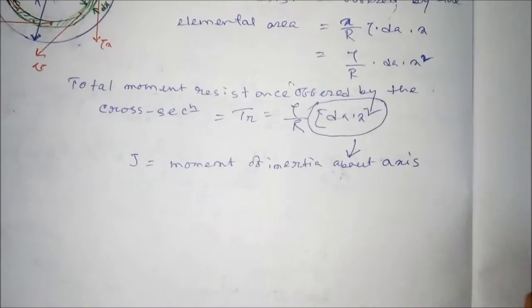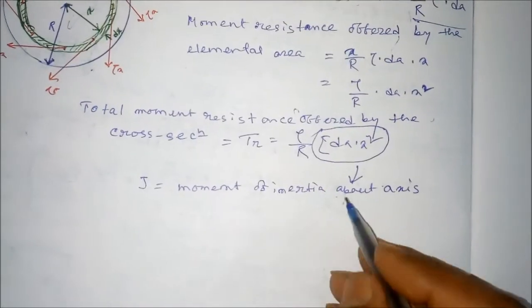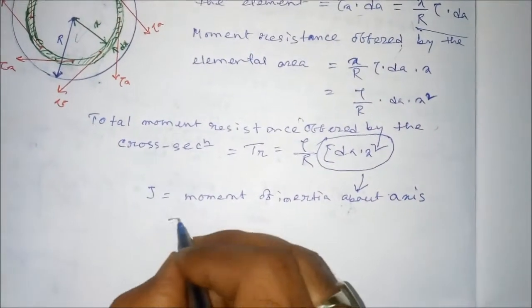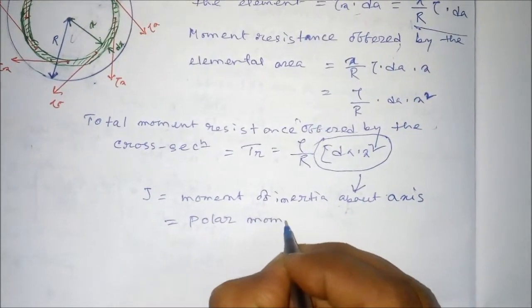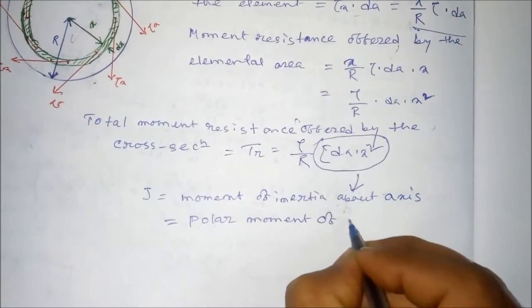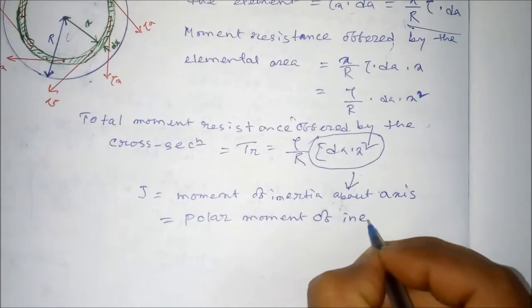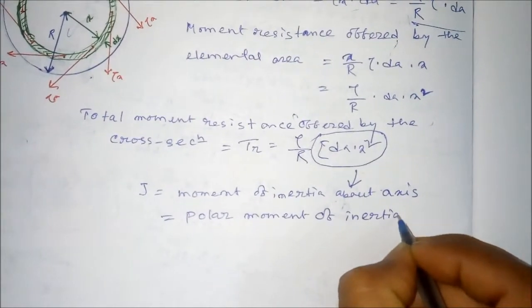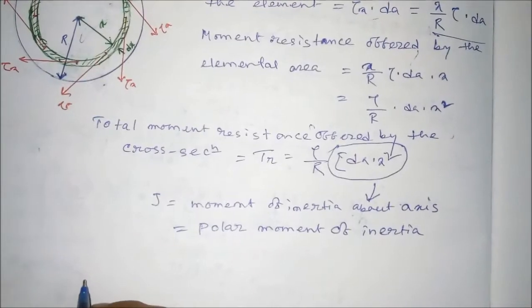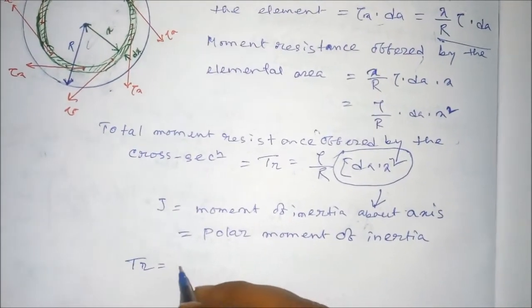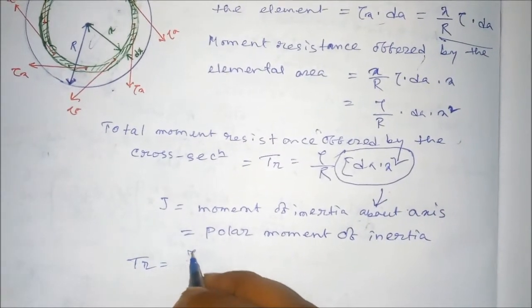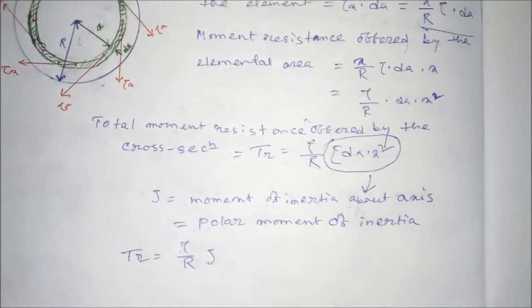This type of moment of inertia we call the polar moment of inertia. So if you replace, you get TR equals tau by r into J, right?